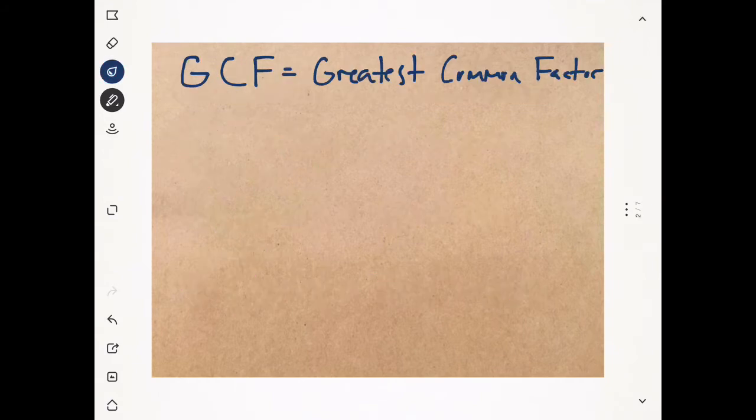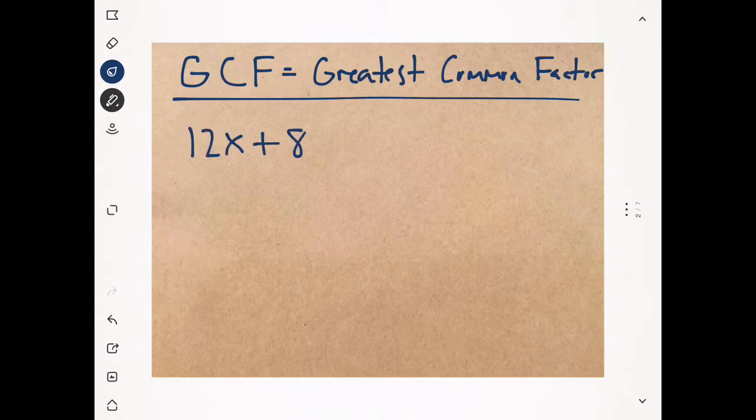Greatest common factor. All right, so we are going to factor polynomials using the greatest common factor. The first example that I'm going to put up here is something like 12x plus 8. If I want to factor 12x plus 8, basically what I want to do is take out everything that the two things have in common, and then leave everything they don't have in common inside a set of parentheses.